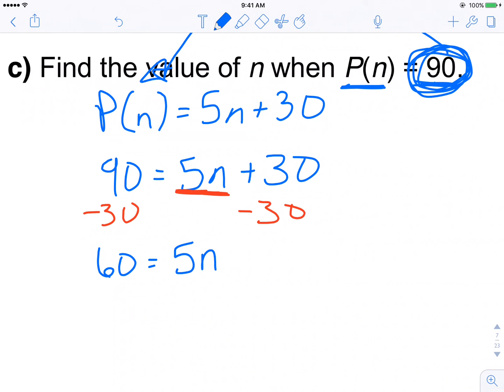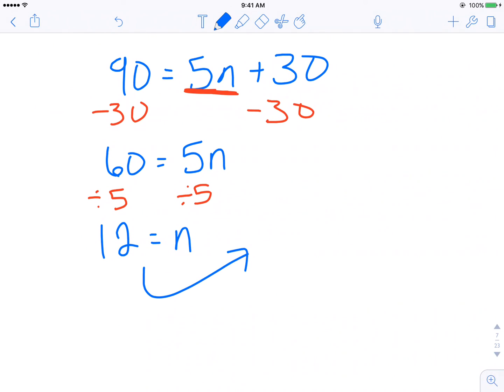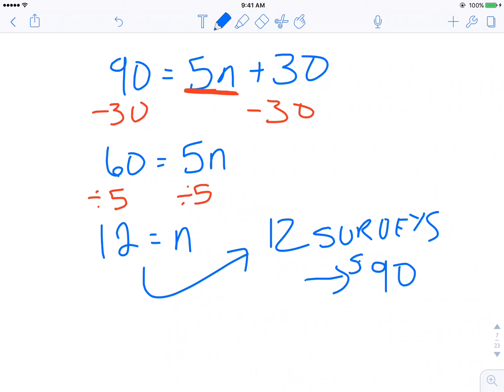Now I'm going to divide by 5 because I want the n by itself. So I divide both sides by 5. 60 divided by 5 is 12, is equal to n. So 12 surveys would give Carmen $90 in pay.